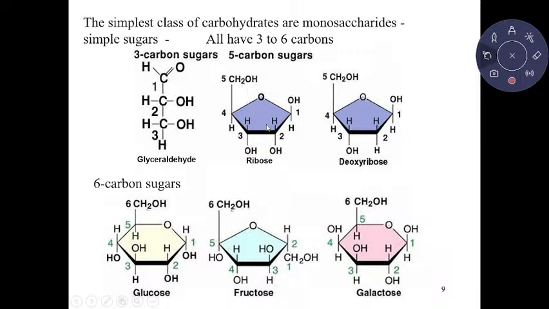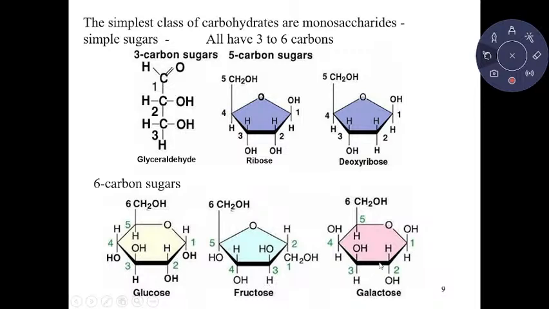And next, coming to the 5 carbon sugars, which are ribose and deoxyribose. The important 5 carbon sugars are ribose and deoxyribose, 3 carbon sugars are glyceraldehyde, and 6 carbon sugars are glucose, fructose, galactose.